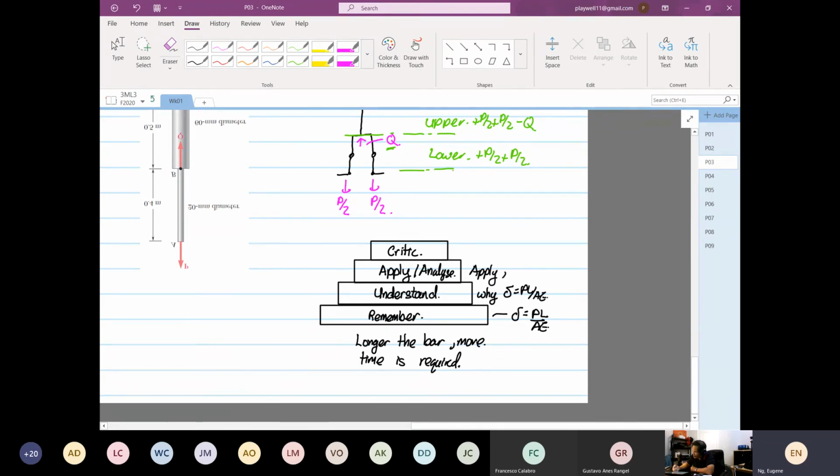We're going to apply the hangman theory. This is where the application comes in. Then we're going to critique, which is to discuss the result.